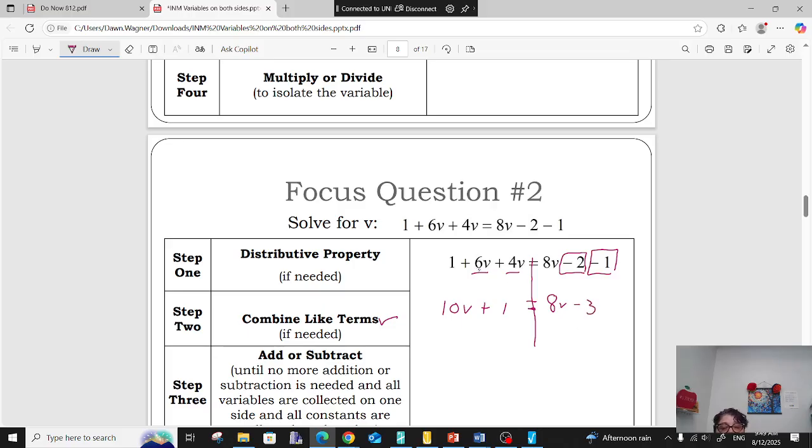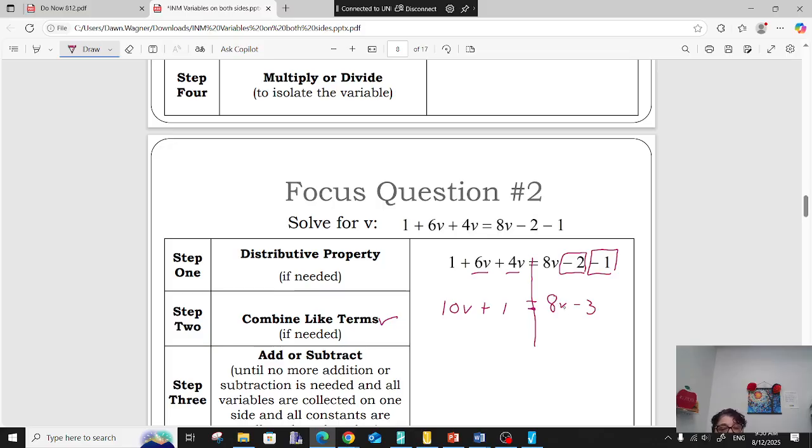So when I have to combine like terms, don't use inverse operations. You actually just combine them. Now I'm done combining like terms here and here. The goal is to get variables to one side, constants to the other. So I'm going to try to get rid of this 8v and bring it over to this other side.